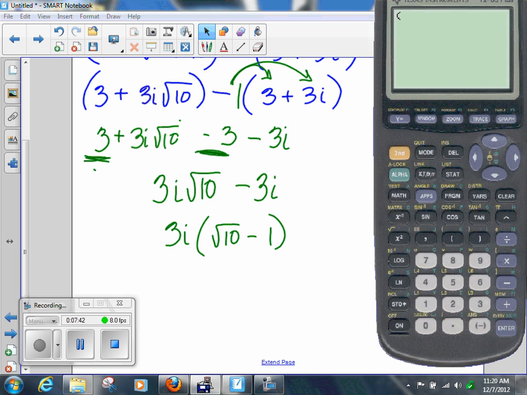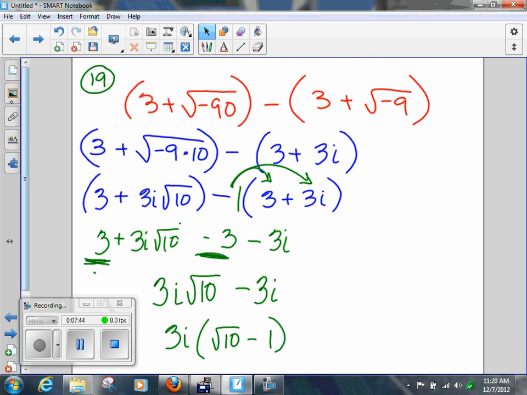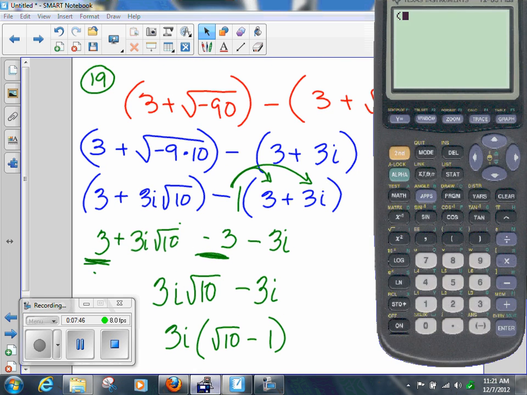Emily, let's see what we can get here. Did you use your parentheses? Promise. All right. Root negative 90. So I'm closing the negative 90. I'm closing the first quantity. Minus 3 plus, was it negative 9?